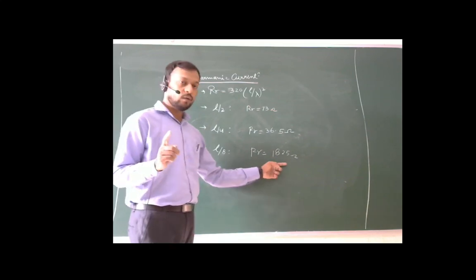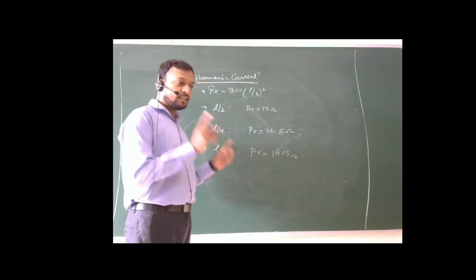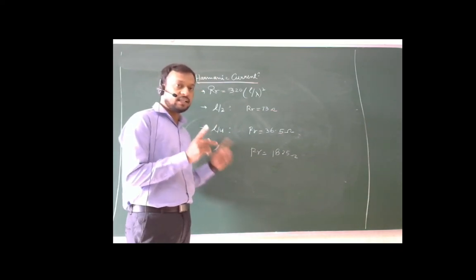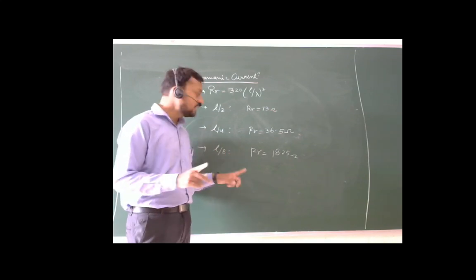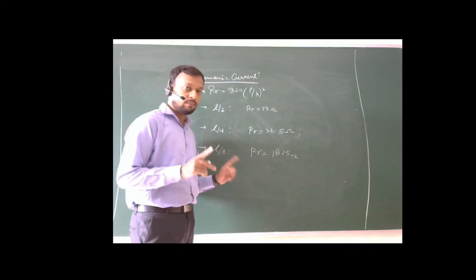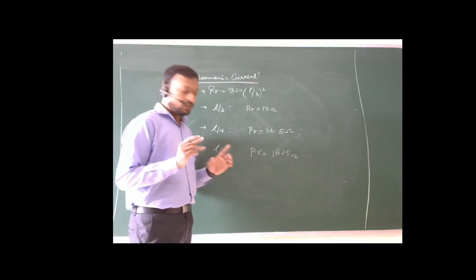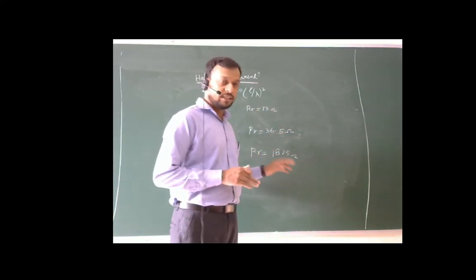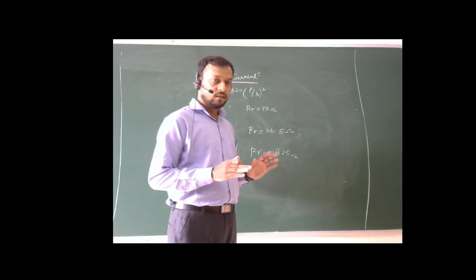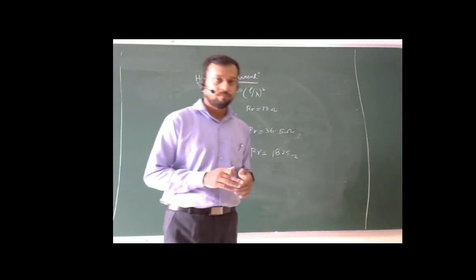If you use this value, then your answer will be wrong. You have to consider the case where the average current is I naught by 2. In that case the radiation resistance is different because the nature of the current is changed for that length. So you have to be aware of what the length is and how we should choose the formula accordingly.